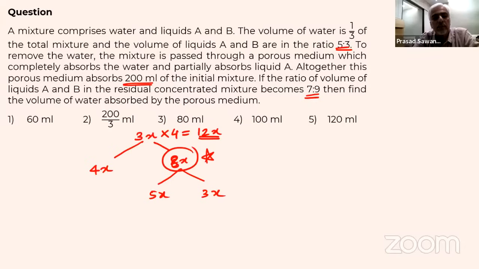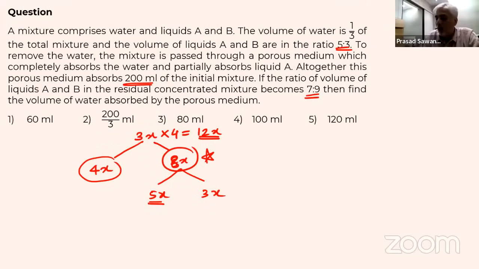Now what? The full 4x is definitely removed, that I know. And some part of 5x is also removed. And the new ratio becomes 7:9. We know totally 200 ml has been removed, out of which 4x is water, which is removed definitely.